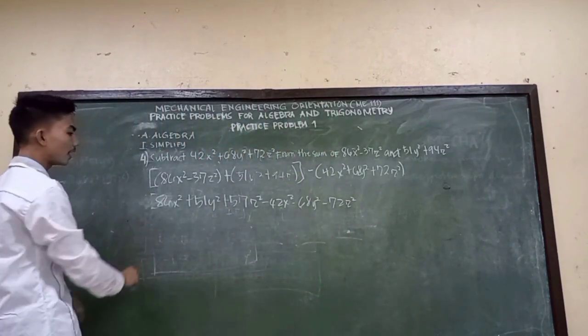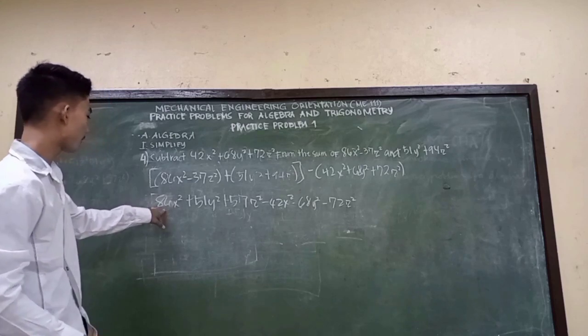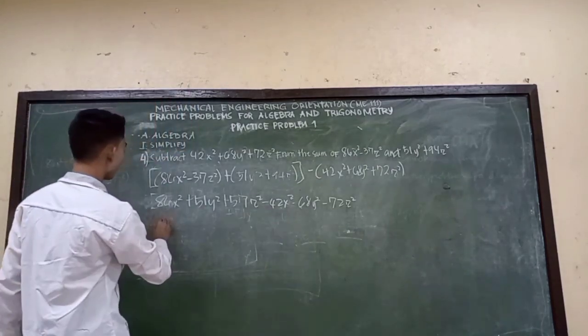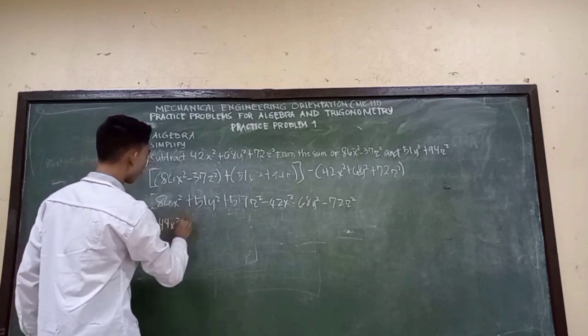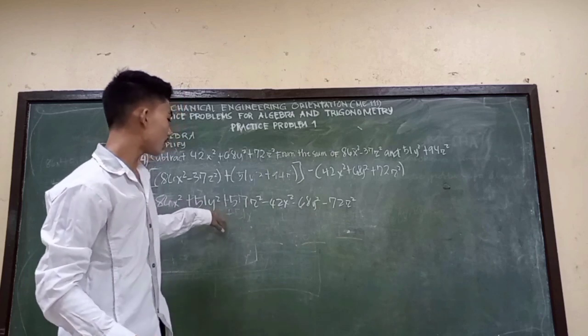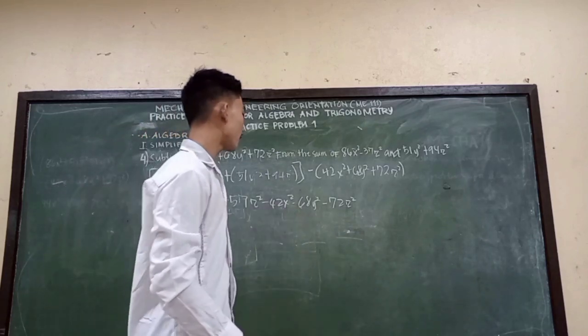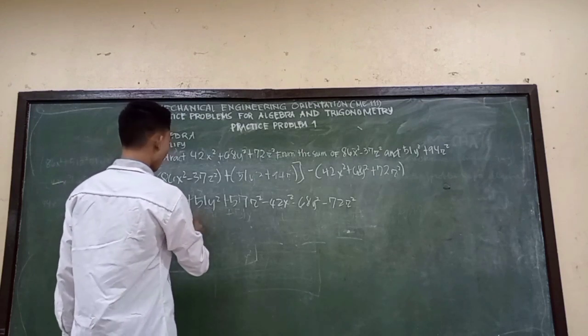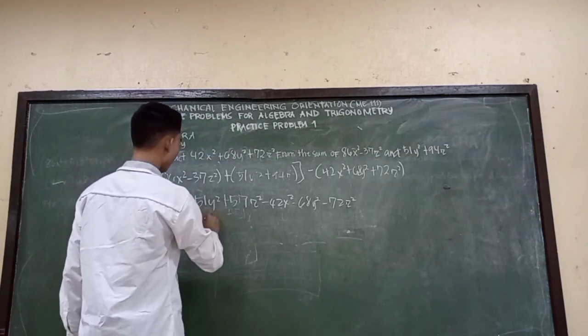Now we will just combine like terms. 86x squared minus 42x squared is equal to 44x squared. Now, positive 51y squared minus 68y squared is equal to negative 17y squared.